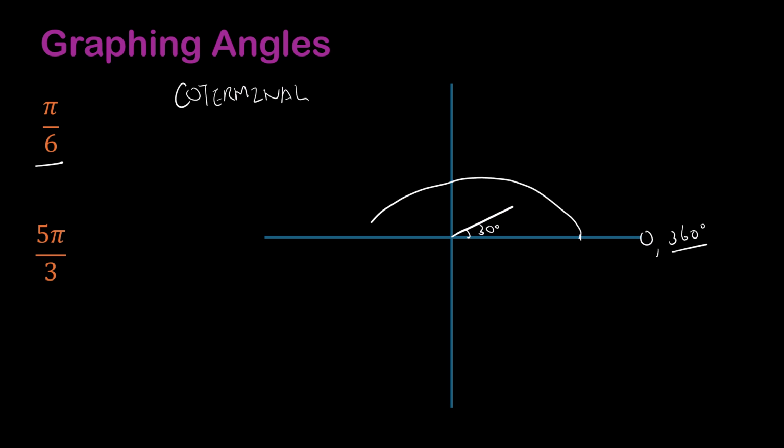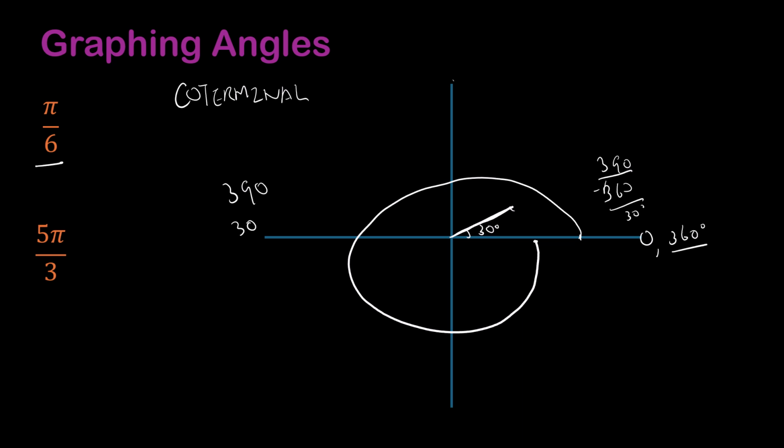You go all the way around to get to 360. And to get to 390, you need to go 30 degrees more. So you actually end up at the same spot. So we call 390 and 30 coterminal angles. And you can keep adding 360 to get coterminal angles.